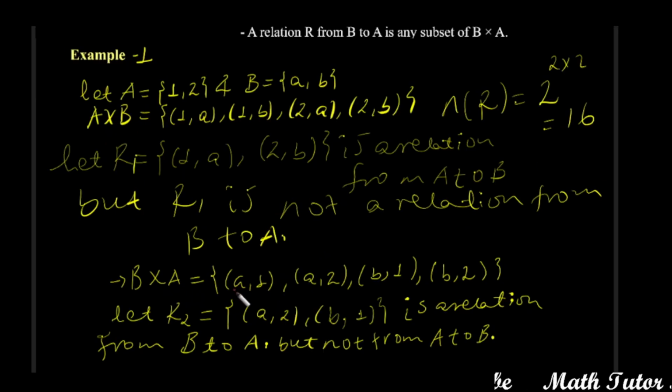B cross A is (a, 1), (a, 2), (b, 1), (b, 2). So we cross from B to A, okay?